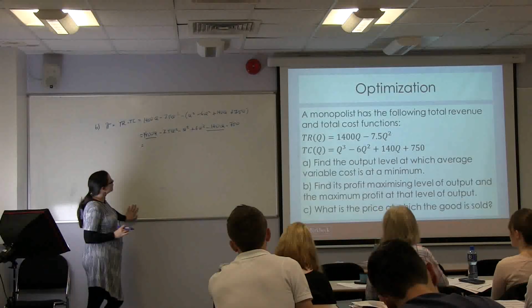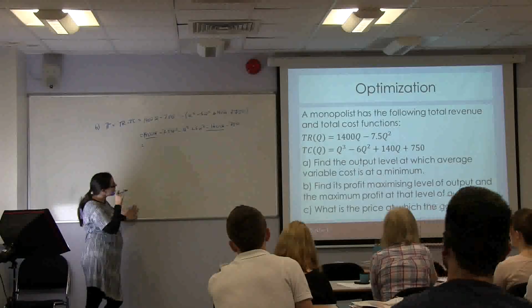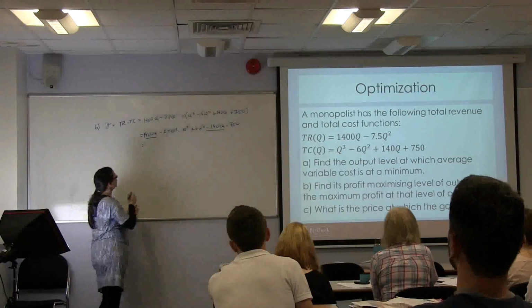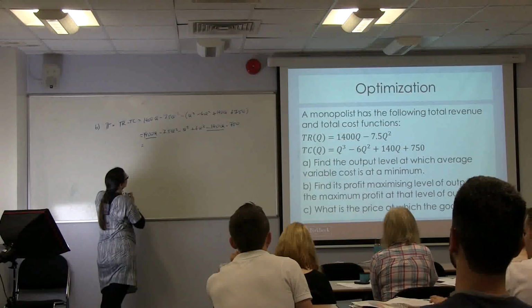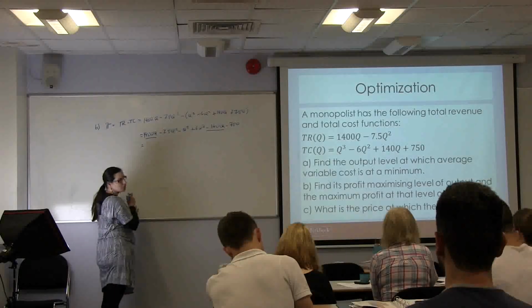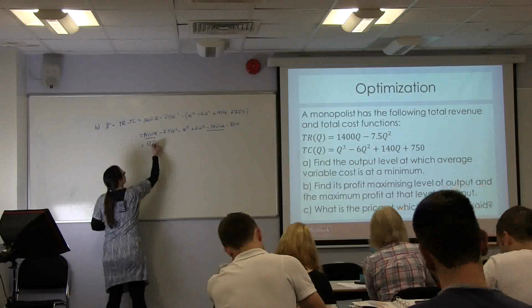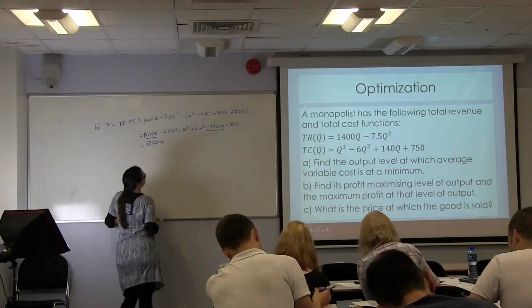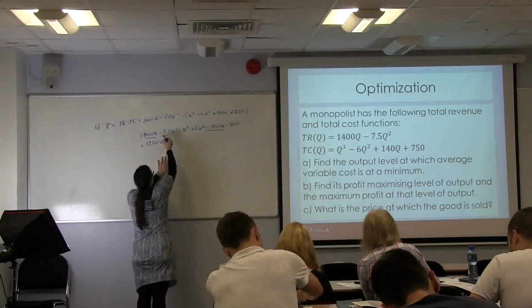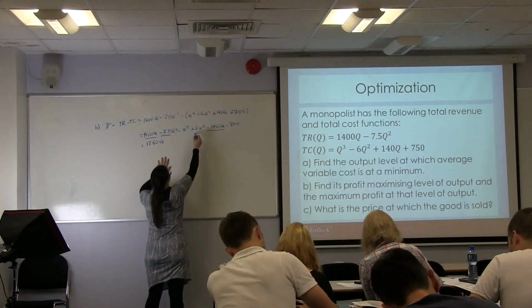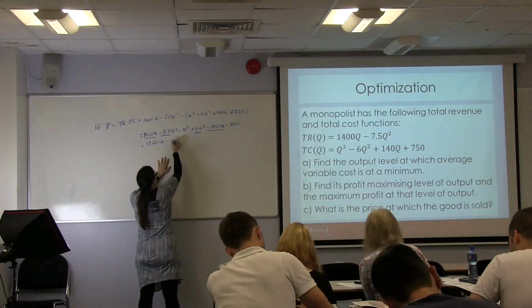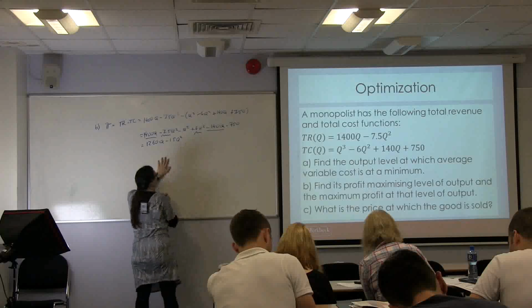So 1,400 minus 140 gives me 1,260. Minus 7.5Q squared plus 6Q squared gives me minus 1.5Q squared.